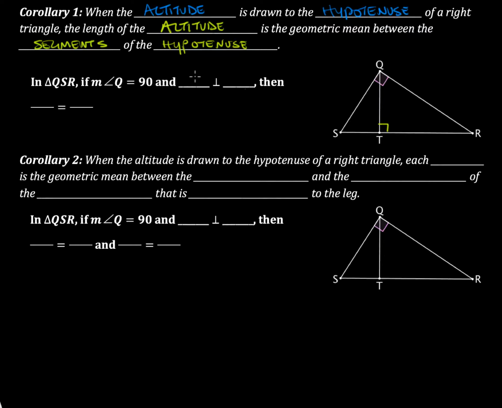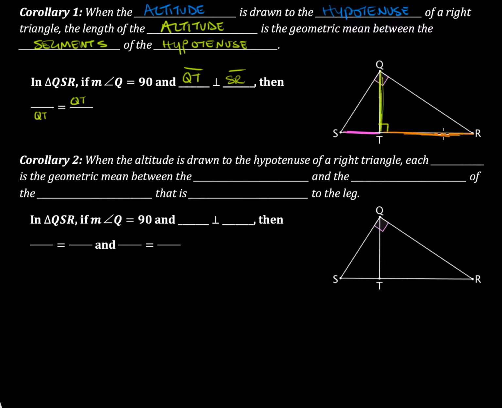So if QT is perpendicular to SR, then I know that QT is the geometric mean. So it's going to go here and here. It's the geometric mean between, right? We can color code this a little bit. Sometimes that's helpful. This segment right here is the geometric mean between this segment and this segment.